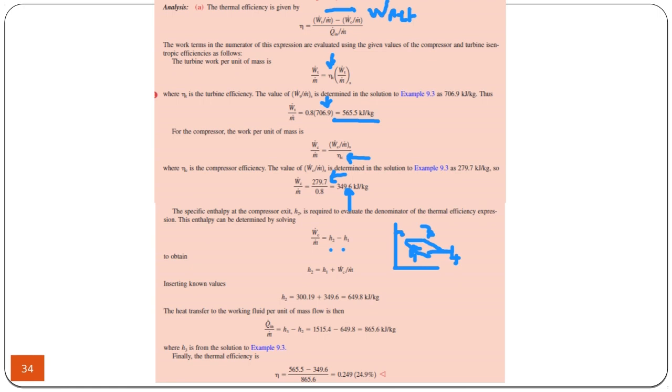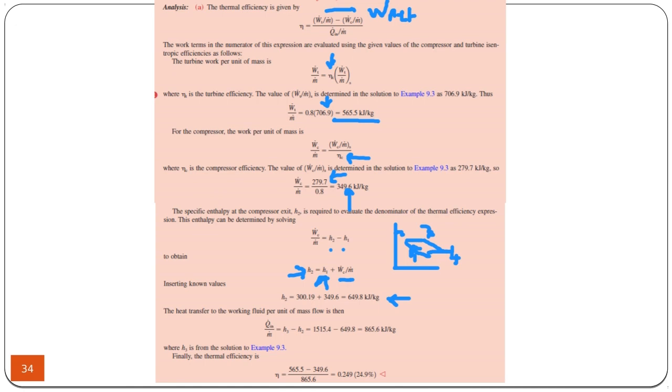And of course, because you know the H1, you know the new compressor work because of the irreversibilities, you can now calculate the actual H2, which is the exit of the compressor. And you will see that the actual H2 is greater than the isentropic H2 because of the irreversibilities.